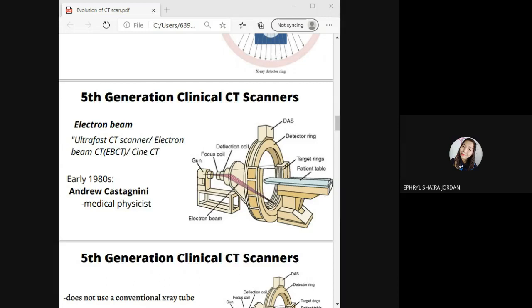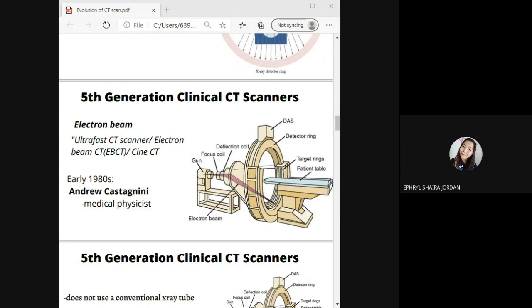The fifth generation has a mechanism of electron beam. Electron beam ang kanyang major na gamit. Okay. It was also known as ultra fast CT scanner or electron beam CT or EBCT or Cine CT.